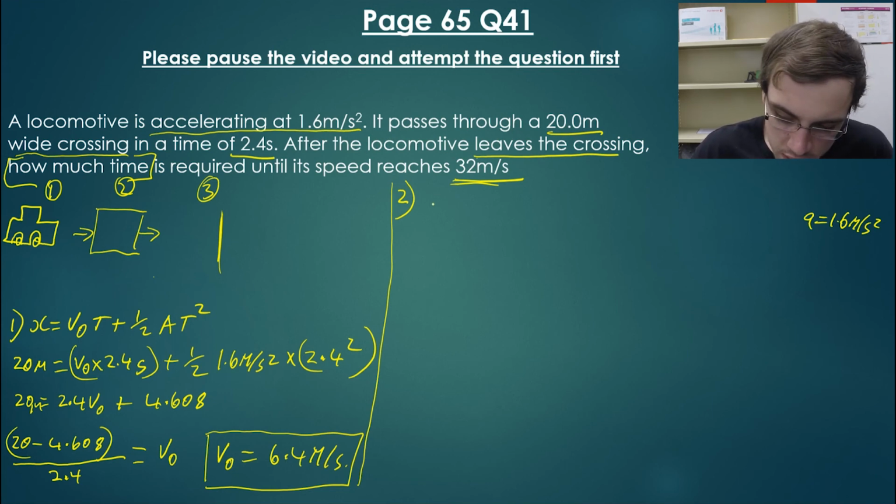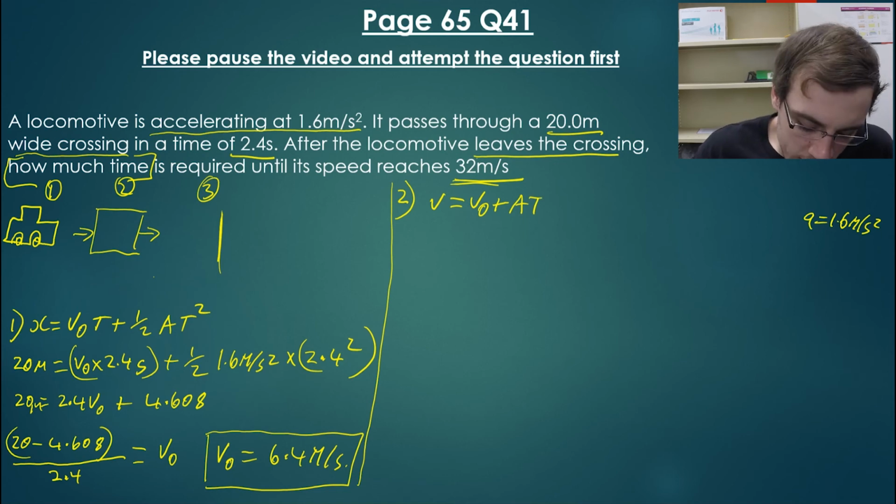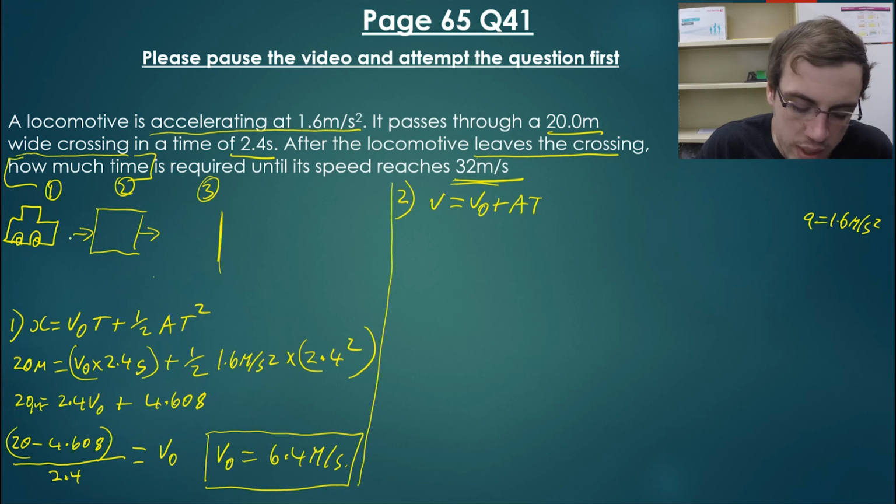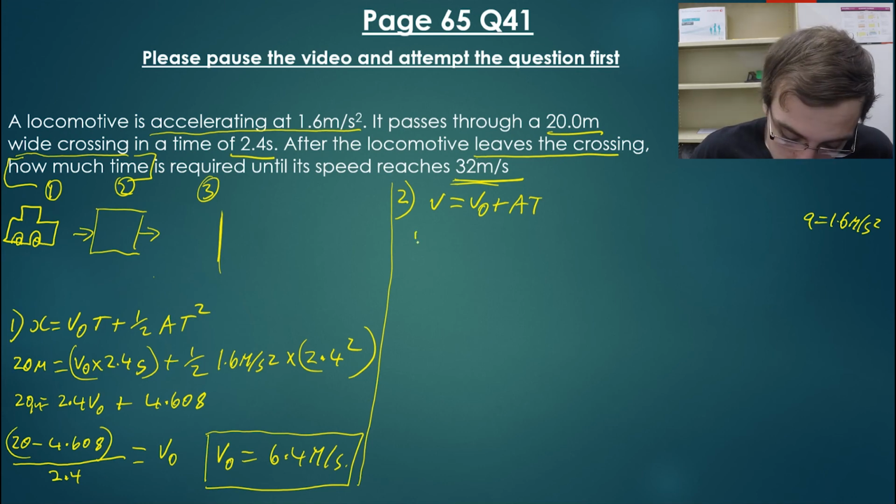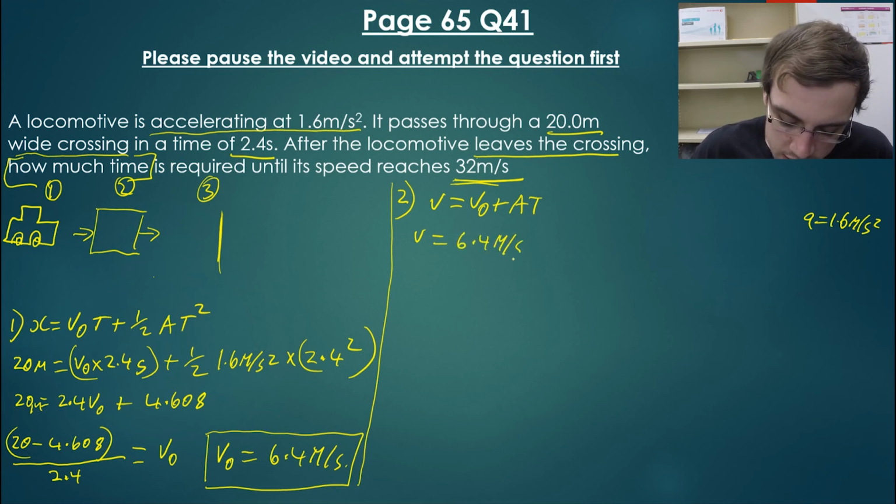The final velocity, which we don't know, is equal to the initial velocity, 6.4 meters per second, plus the acceleration of 1.6 meters per second squared, times 2.4 seconds.